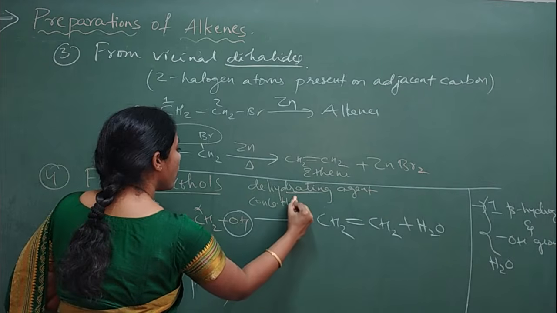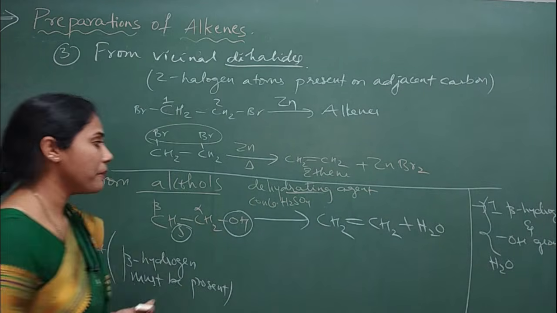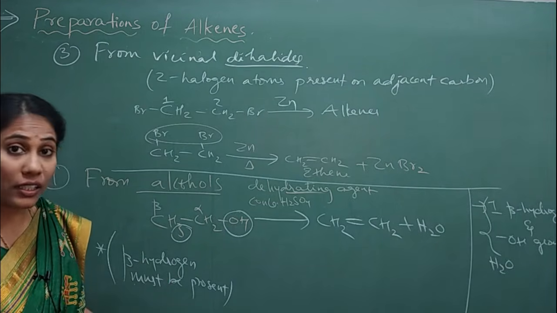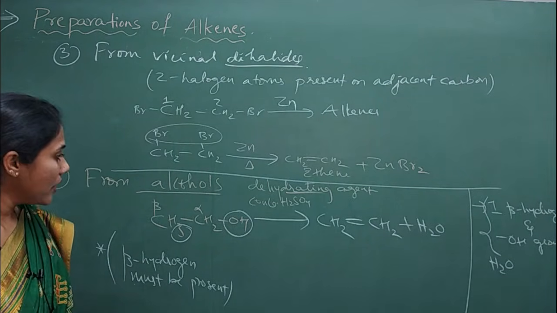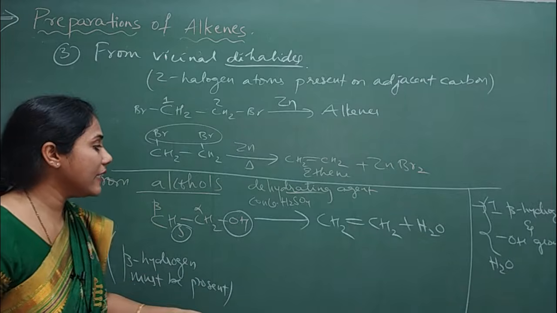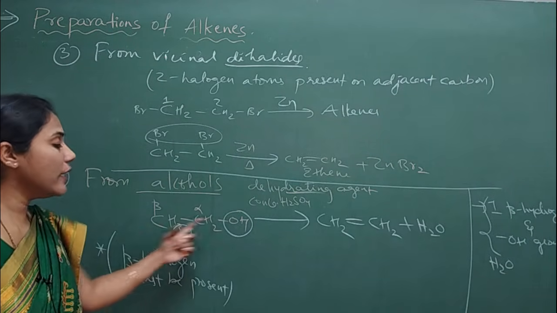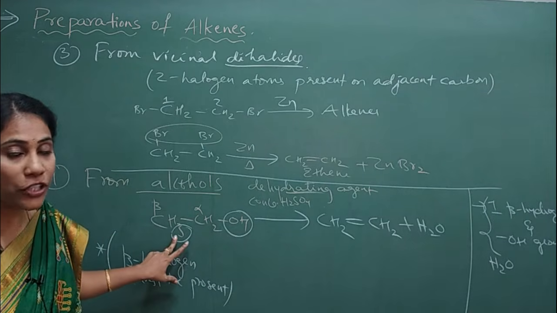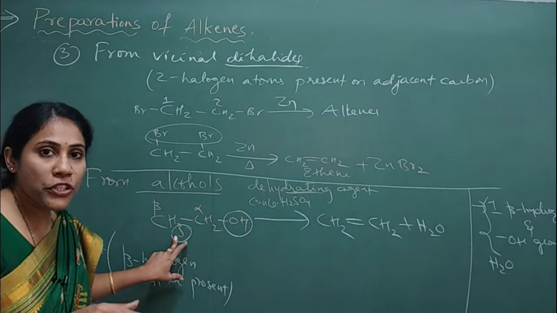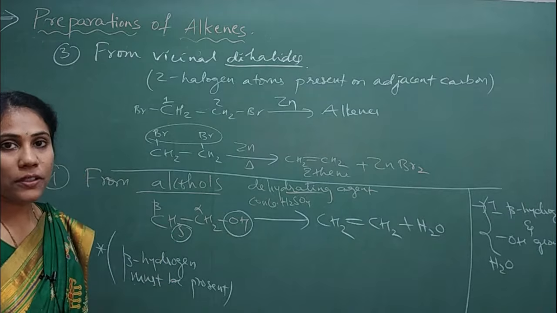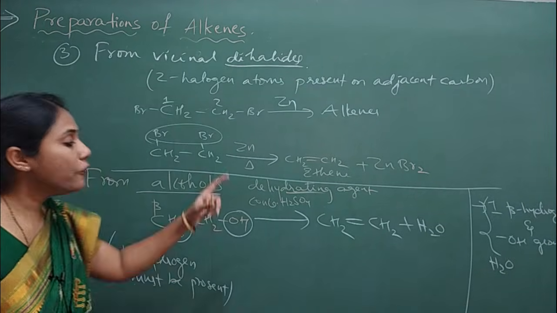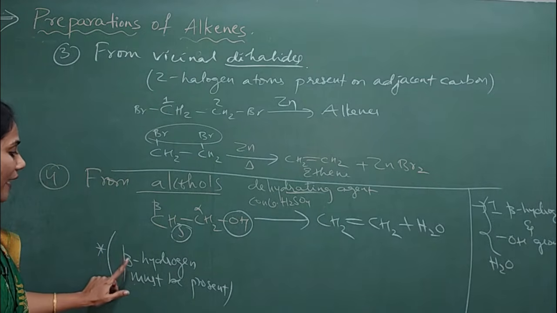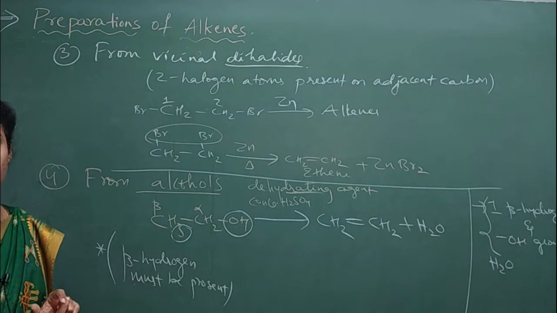I'm not showing you the mechanism of what exactly happens here, that you will learn in 12th chemistry. Just giving an idea of how you can remove water from alcohol. One OH you are removing and one hydrogen you will have to remove. Which hydrogen? Beta hydrogen. So if you want to produce alkene from alcohol, you should definitely have beta hydrogen in the molecule.